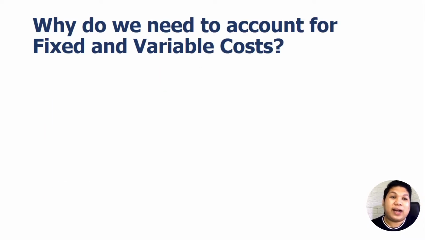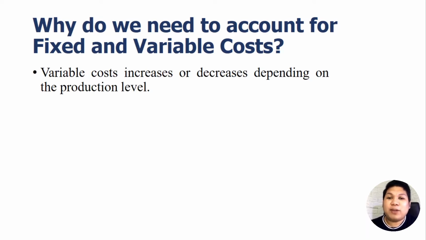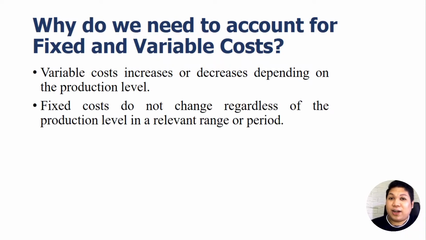Why do we need to account for fixed and variable costs? Why do we need to determine what is fixed and what is variable? So variable costs increase or decrease depending on the production level, right? But fixed costs do not change regardless of the production level in a relevant range. This means that for a variable cost, the more you produce, the more you will incur these costs.